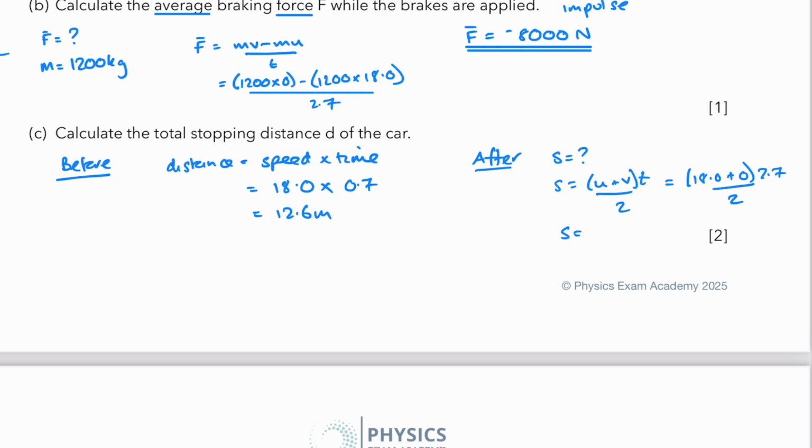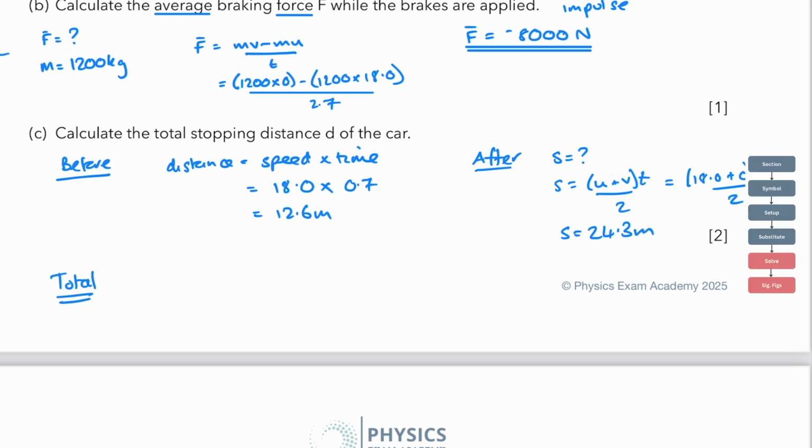That s is equal to 24.3 metres. So the total stopping distance is 12.6 plus 24.3, which gives us 36.9 metres.